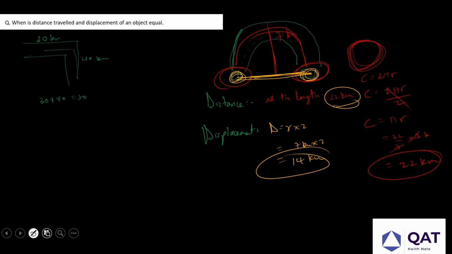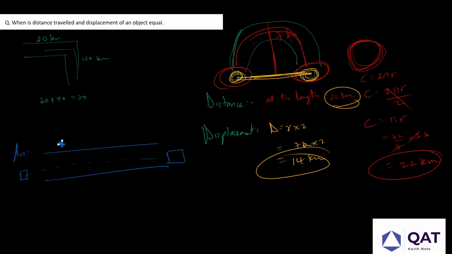Okay, to go to the solution, it is like this. If we have a straight path and an object starts to move from here and it moves up to here, let's say this is 40 kilometers. Distance is all the length it traveled, and it traveled 40 kilometers, so distance would be just 40 kilometers.